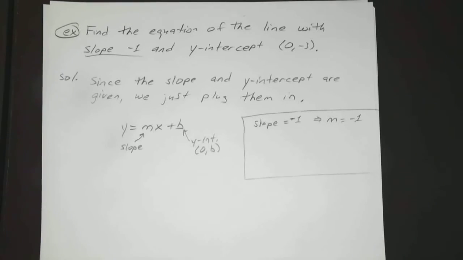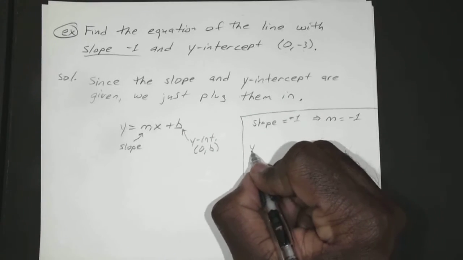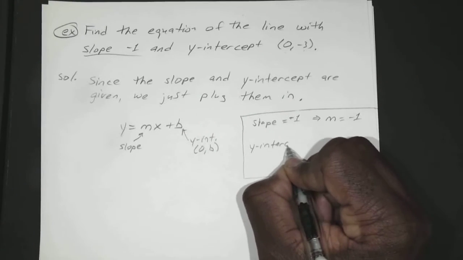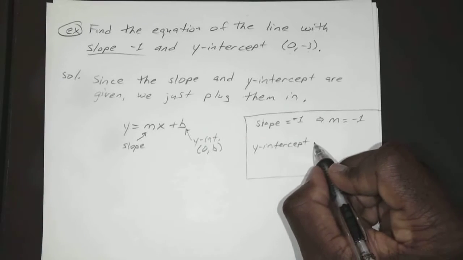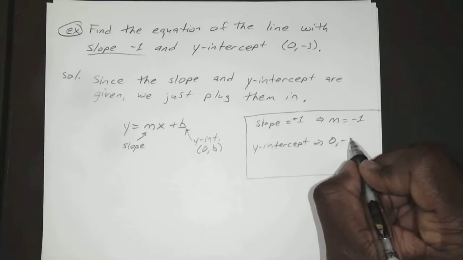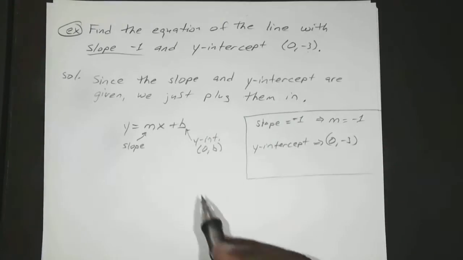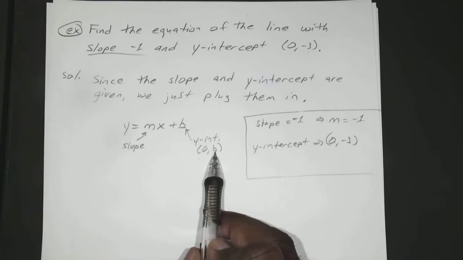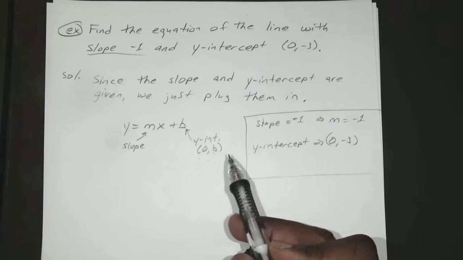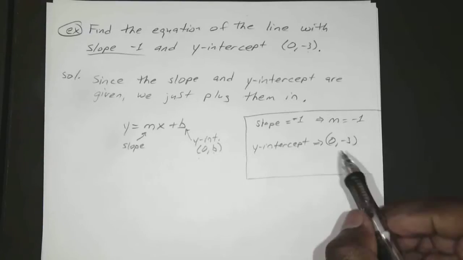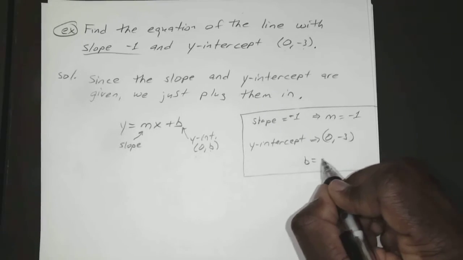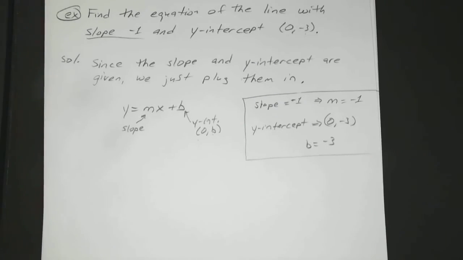And if our y-intercept is 0, -3, remember, our y-intercept is just 0 and whatever b is. So if our y-intercept is 0, -3, that just means that b is equal to -3.